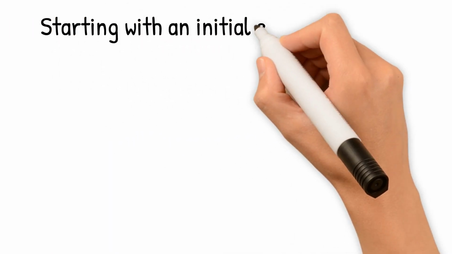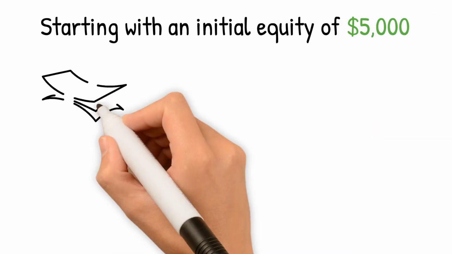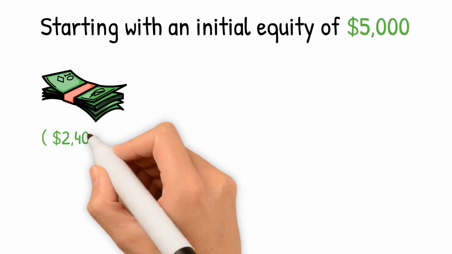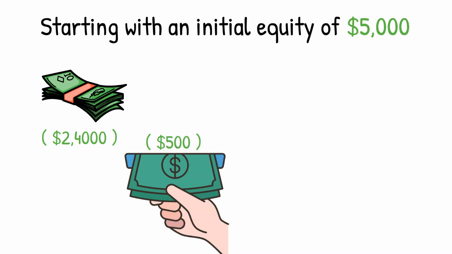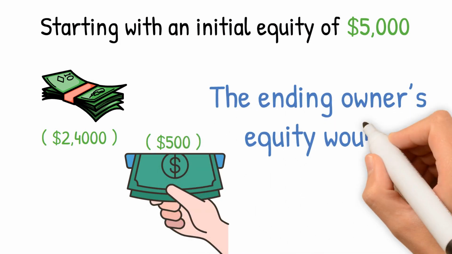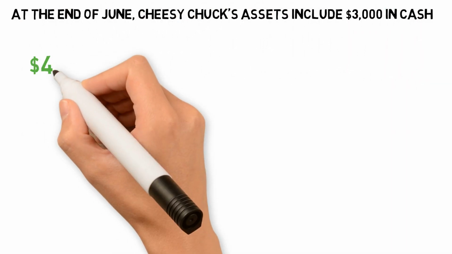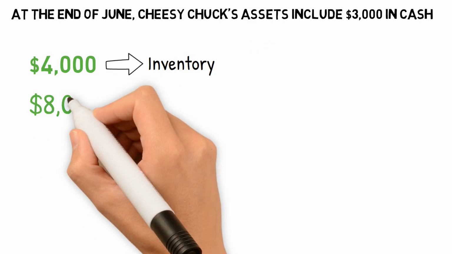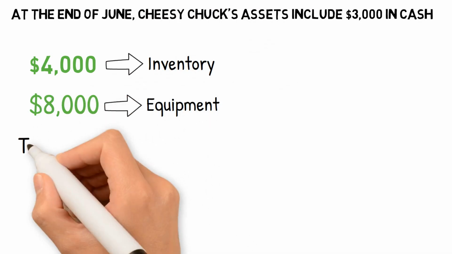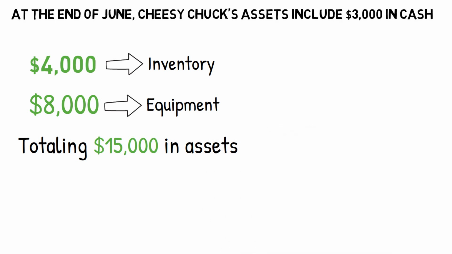Starting with an initial equity of $5,000, we add the net income of $2,400. If Chuck withdrew $500 for personal use, the ending owner's equity would be $6,900. At the end of June, Cheesy Chuck's assets include $3,000 in cash, $4,000 in inventory, and $8,000 in equipment, totaling $15,000 in assets.